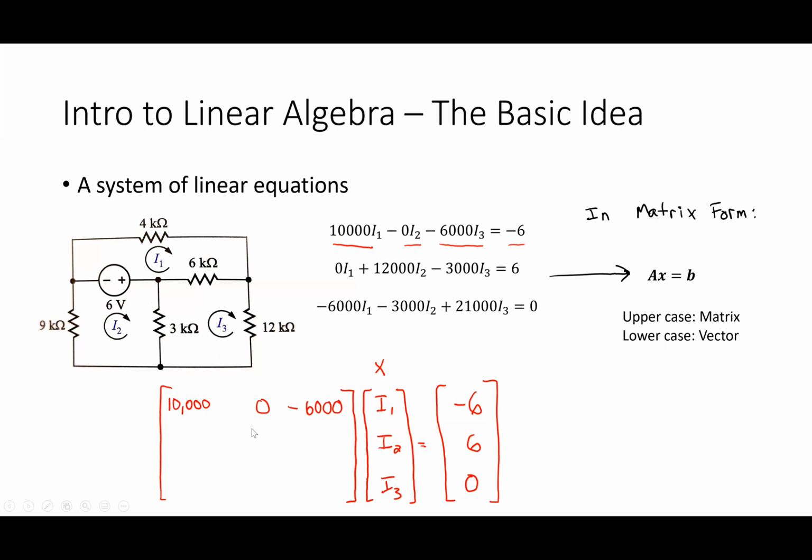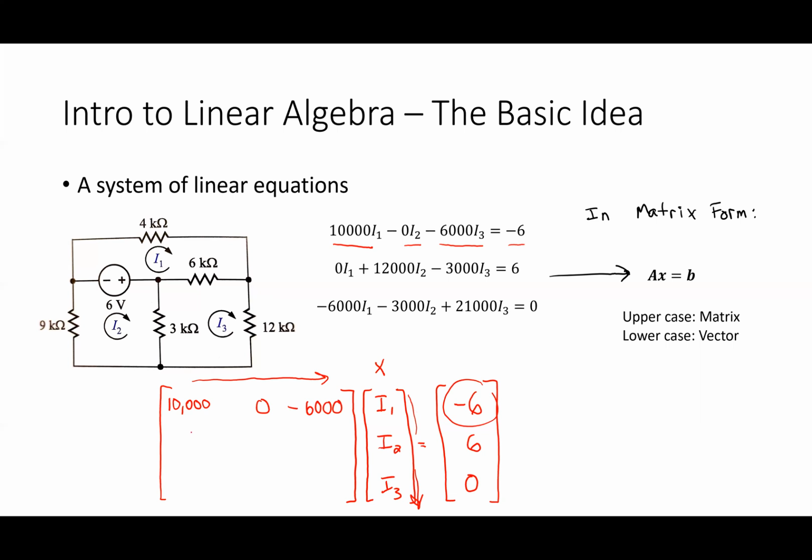If you look at this, what that tells me is I should be able to get from this matrix setup into essentially an equation, right? If I take this row and multiply it by this column, I will get this entry, okay? So 10,000 times I1 plus 0 times I2 minus 6,000 times I3 is equal to -6.